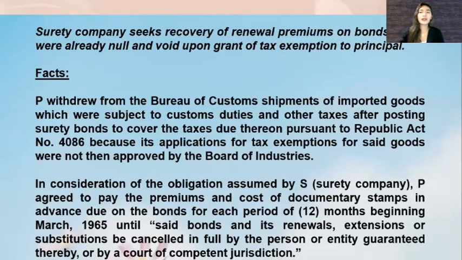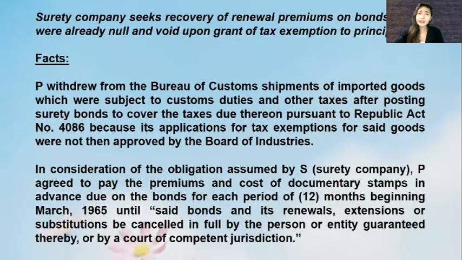And now another case. A surety company seeks recovery of renewal premiums on bonds which were already null and void upon the grant of tax exemption to the principal. The facts of the case.